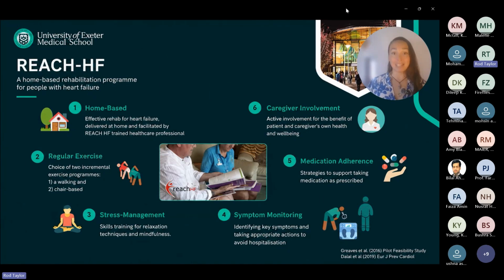They represent intervention functions. The program is trying to support self-management, build confidence, encourage safe physical activity, help people monitor symptoms for appropriate early help seeking to avoid hospitalization, support medication adherence for optimal patient benefits, and involve caregivers to support the patient and look after their own well-being where appropriate.